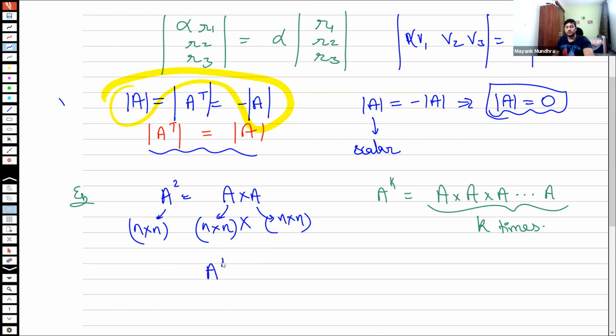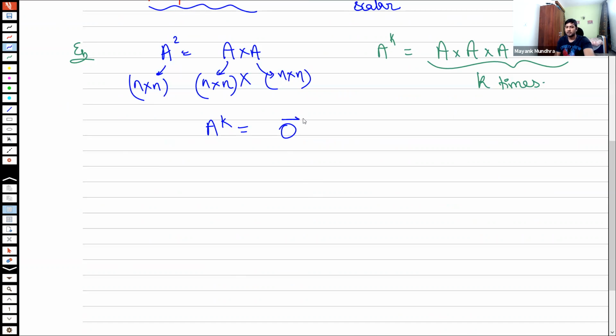So how do I show that? A to the power k is equal to 0. I have to show determinant A equals 0. So I'll take determinants on both sides. This 0 means the matrix 0, by the way. This 0 is not a scalar. It's an n cross n matrix. It's a matrix of zeros.